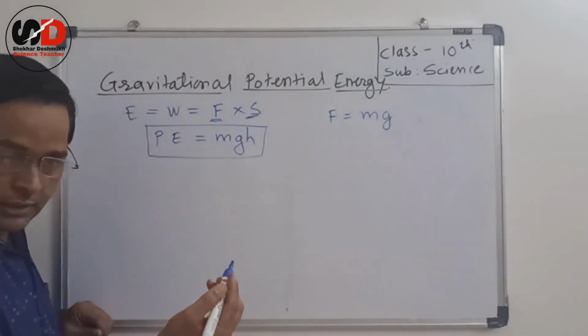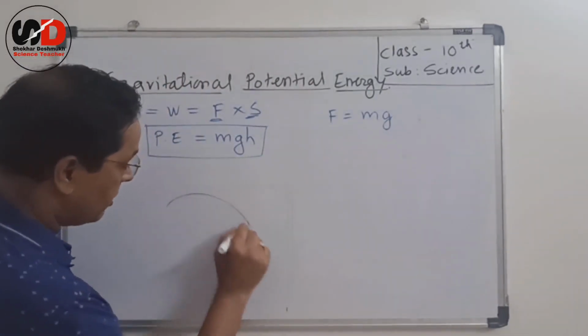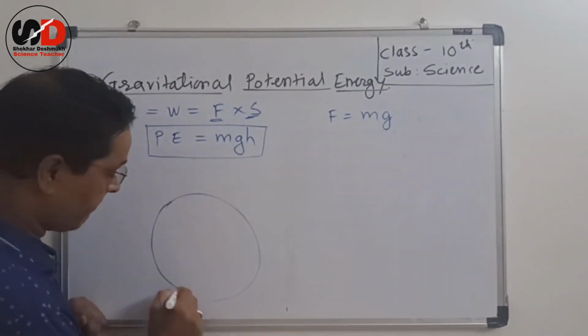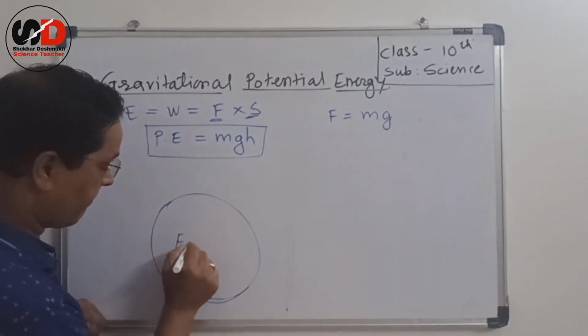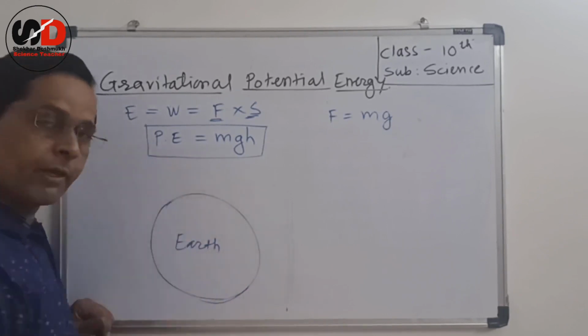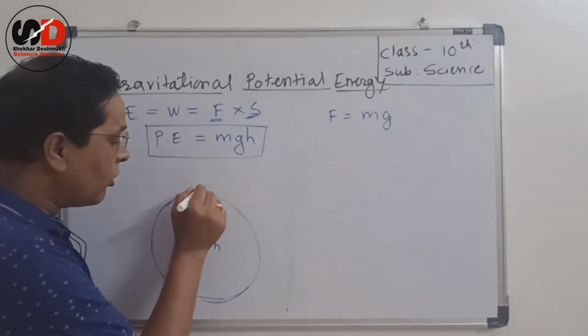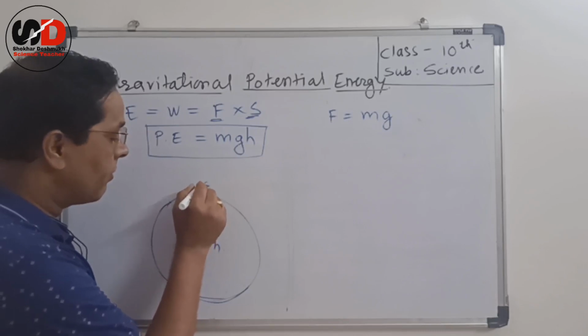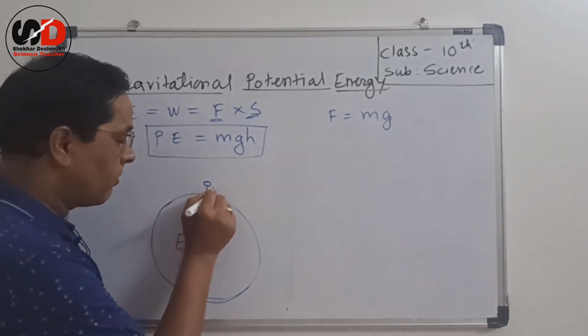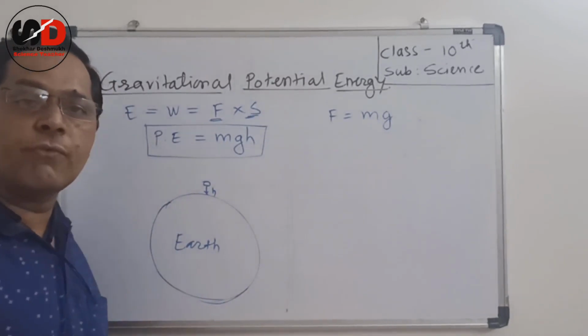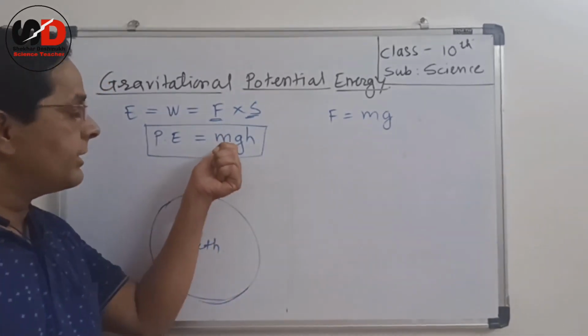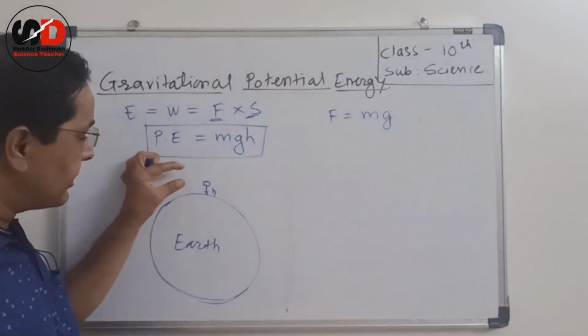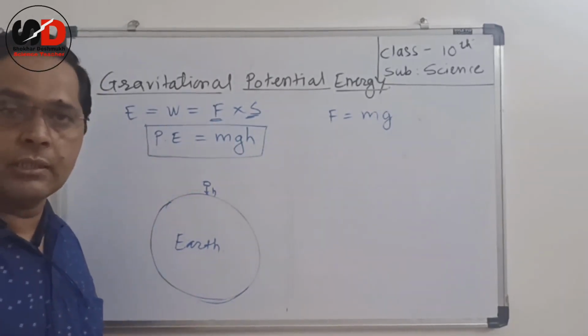Suppose this is Earth. We know if the object is at a height h from the surface of Earth, the potential energy is mgh, where h is the height from the surface.